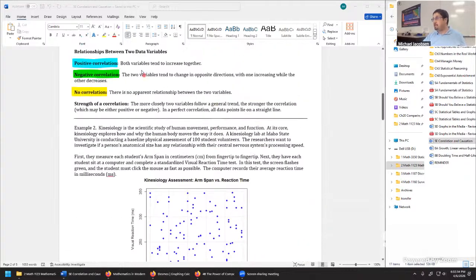So we'll say that there's going to be a positive direction if both variables, not as a rule, absolutely increase together, but tend to. As one variable goes up, the other variable, more likely than not, is also going up. It means the correlation is positive. And if two variables change in the opposite direction, the horizontal one increasing, but the vertical one decreasing, we'll say that's a picture of negative correlation.